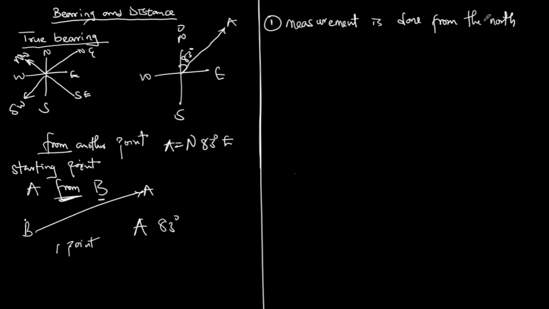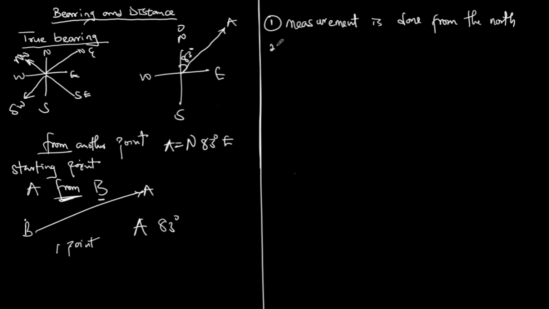Unlike compass bearing, where the measurement can be done from the north towards the east or towards the west, as well as the south towards the east or towards the west, for true bearing, measurement is done only from the north.